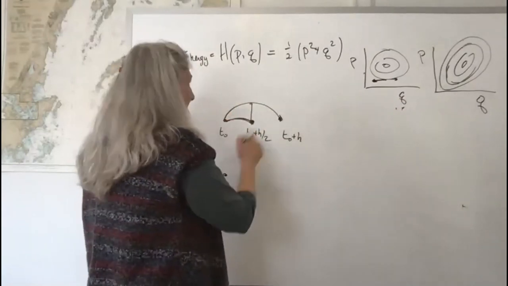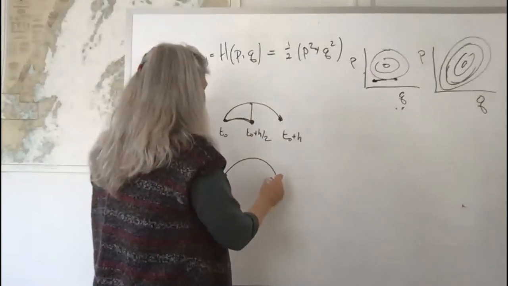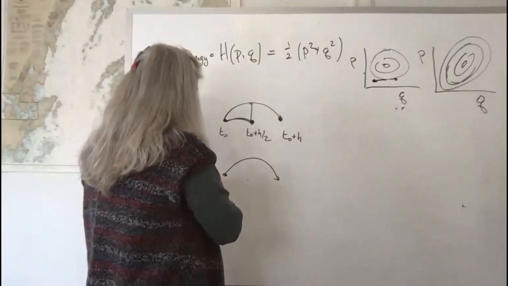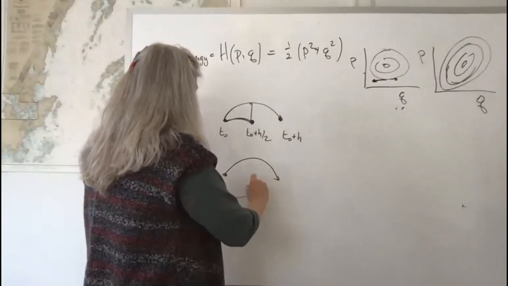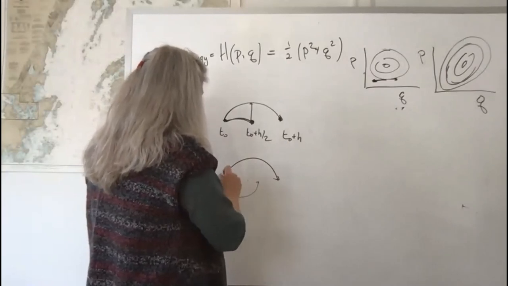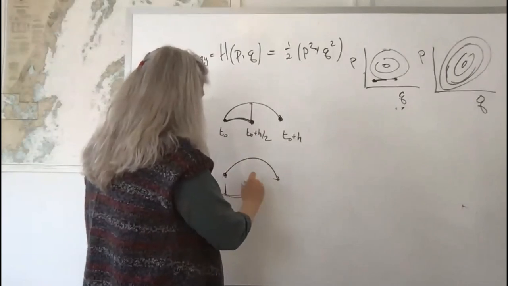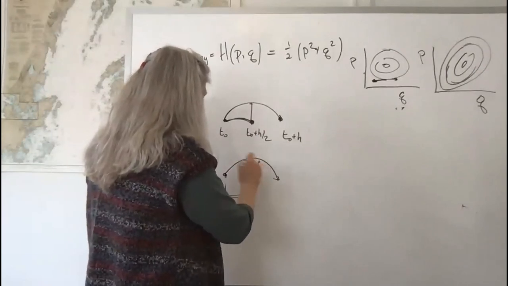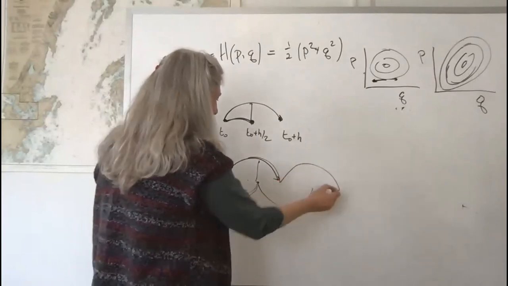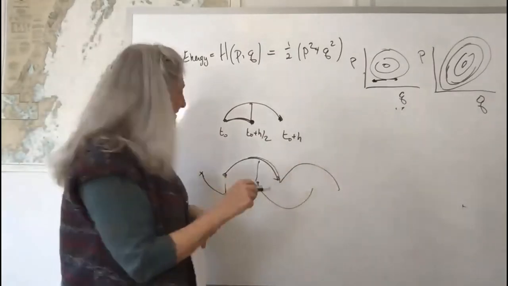One other type of integrator starts with a position here, uses this point to get a position here, then uses this point to get a position there. This one is called the leapfrog because you've got two things leaping over each other.